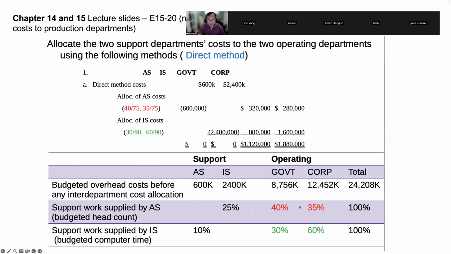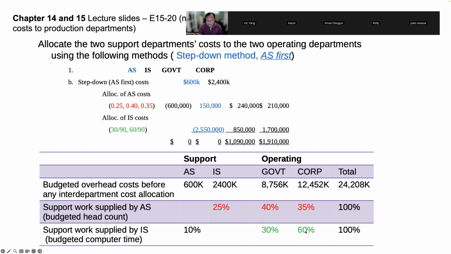So same idea. So this support by IS is 10%, 30%, and 60%, but I will treat as if IS didn't serve AS. So now I consider just allocate the $2,400,000 cost of IS to be shared by government consulting, corporate consulting. So 30%, 60% together is 90%.